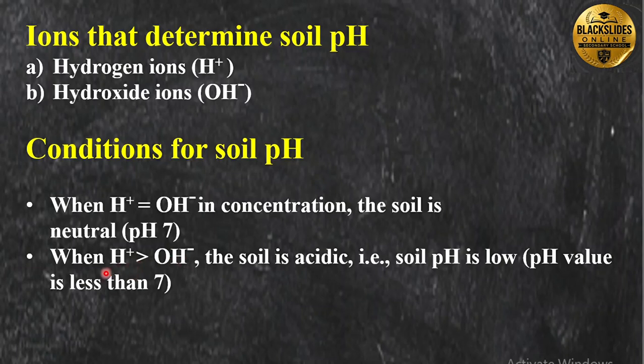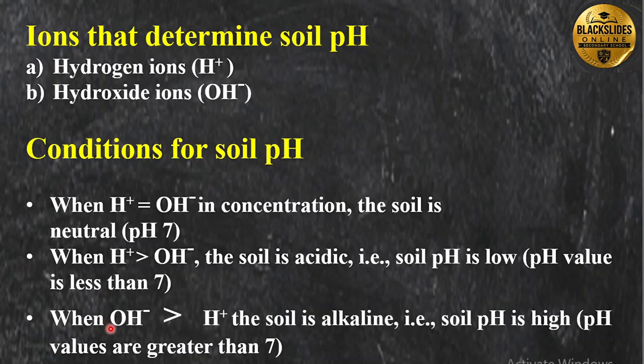On the other hand, when the number of hydroxide ions is greater than the number of hydrogen ions, such a soil is considered to be alkaline or basic. A basic solution or alkaline solution, in this case soil sample, has a pH greater than 7.